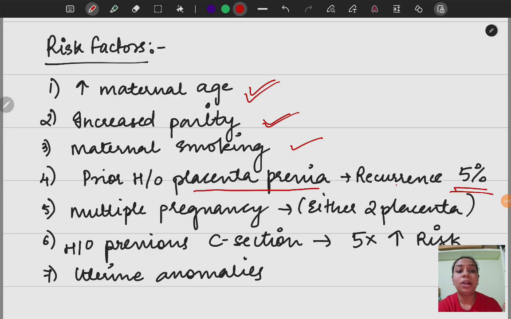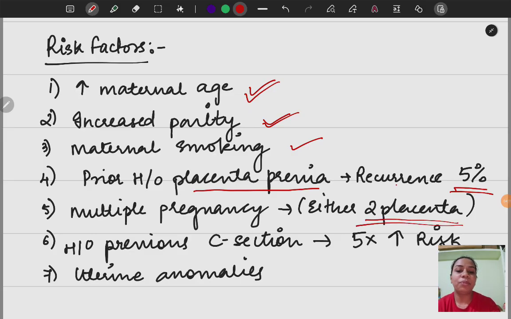Then in case of multiple pregnancies, it is common that there may be 2 placentas, so there is less space in the uterus, so it may cover the internal os or it may cause placenta previa.